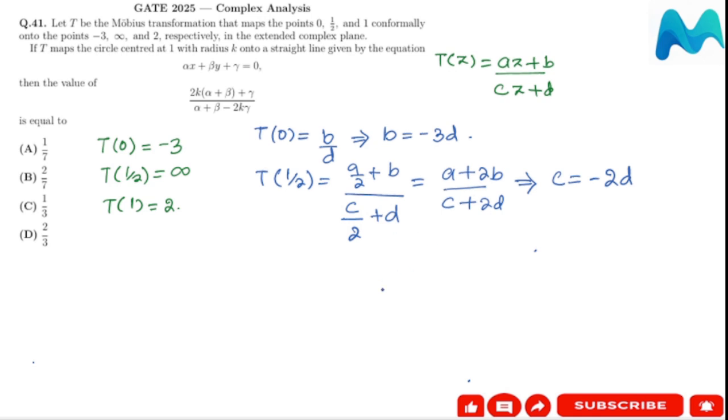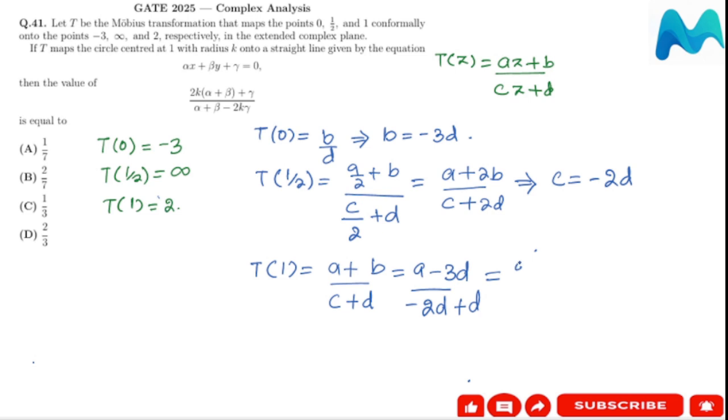So T(1) will be (a + b)/(c + d). Instead of b we write -3d, so a - 3d, and instead of c we write -2d, plus d, which is equal to 2.